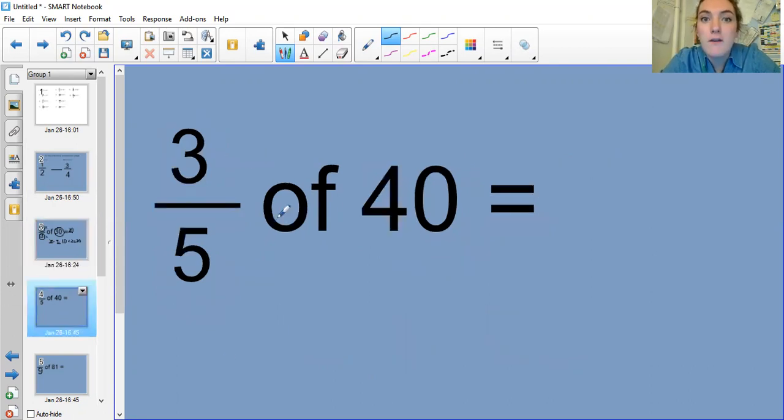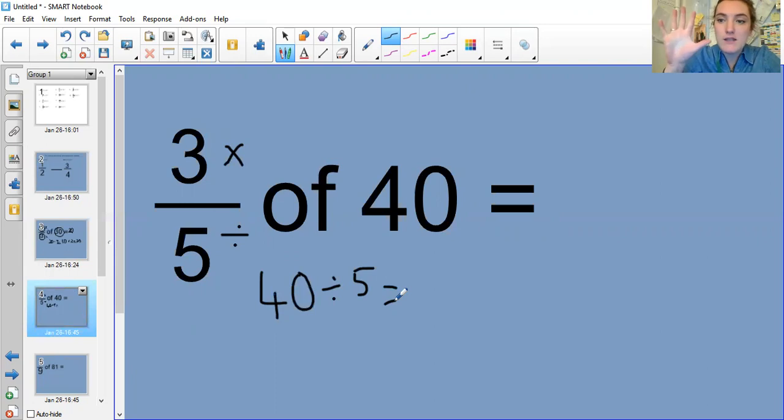Here I've got 3/5 of 40. So divide by the bottom, the denominator, times by the top. What is 40 divided by 5? How many 5's go into 40? Well, if I do my 5 times table, 5, 10, 15, 20, 25, 30, 35, 40. It is 8. So we've divided by the bottom.